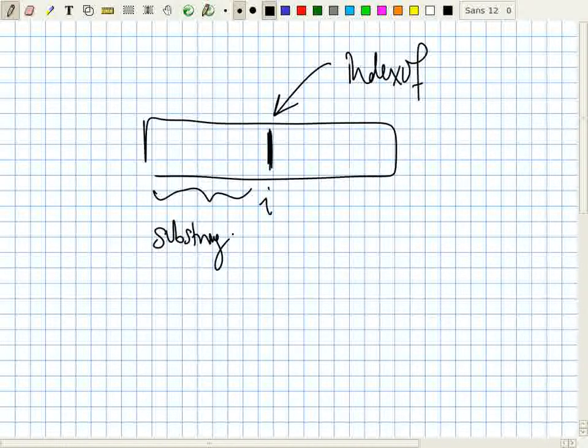So now I have to enumerate each of the characters that come after I. So at this point, it's going to be for k goes from I plus 1, k less than the length, k plus plus. And now I need to look at the kth character.